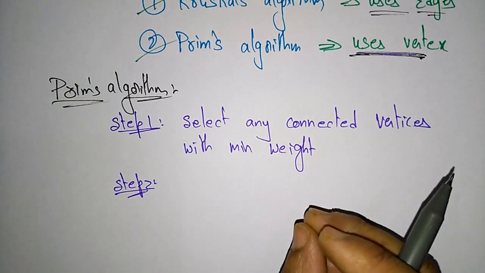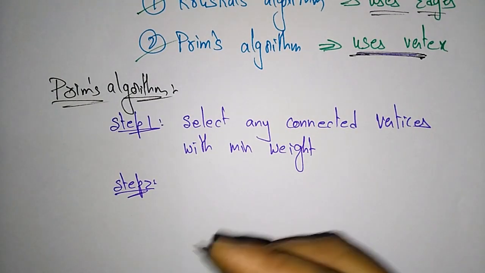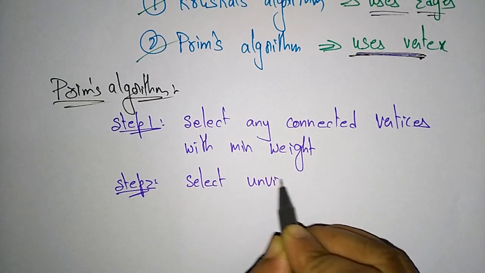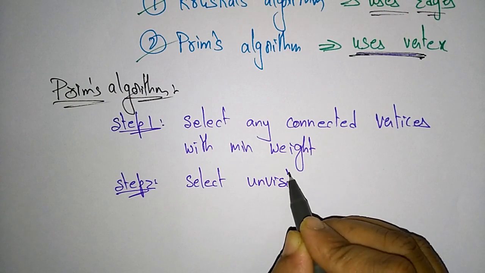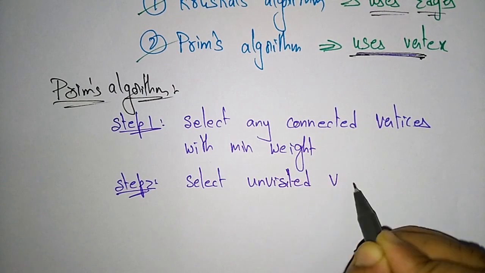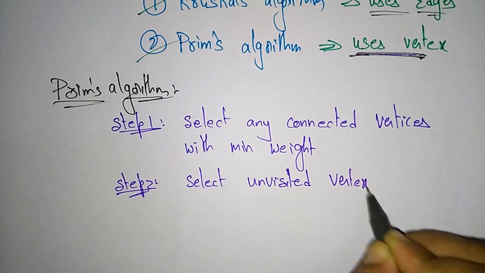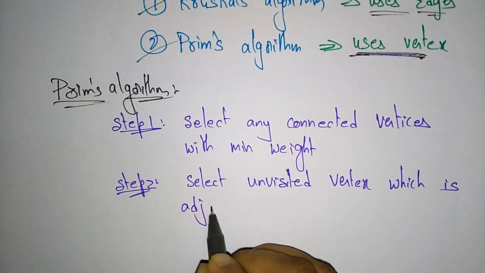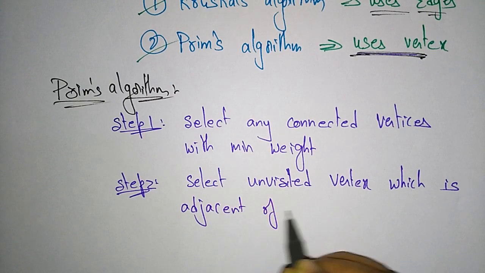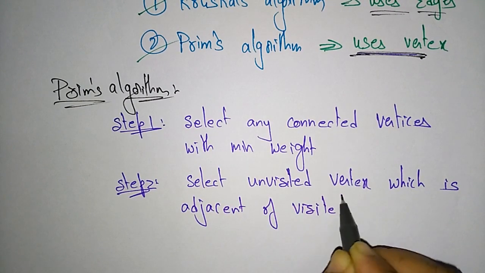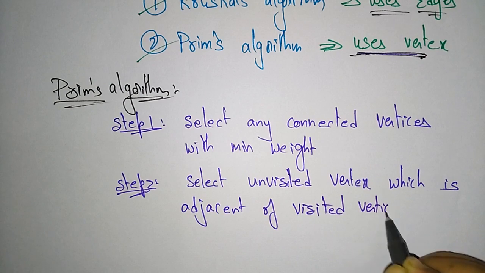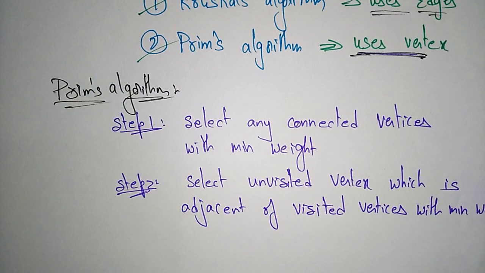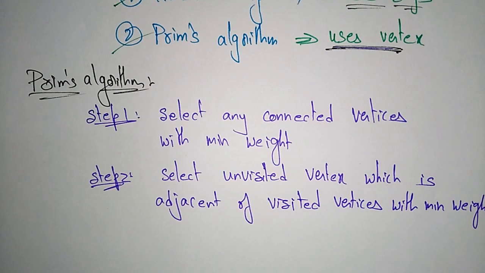So first we visit some vertex, after that we have to select the unvisited vertex, that too which is adjacent to the visited vertices with minimum weight.